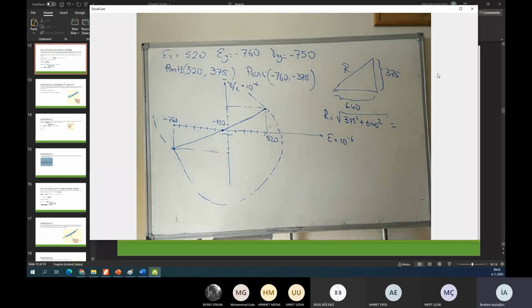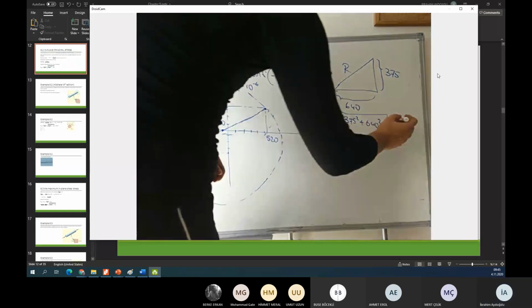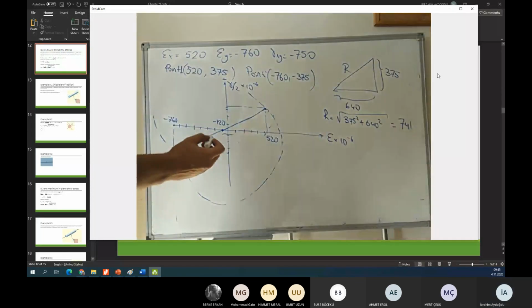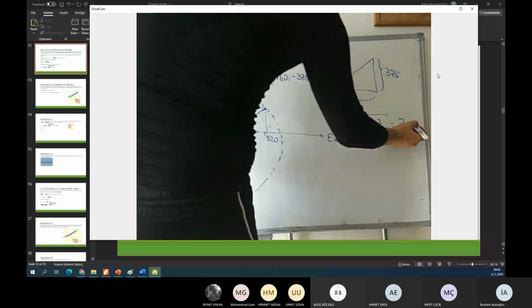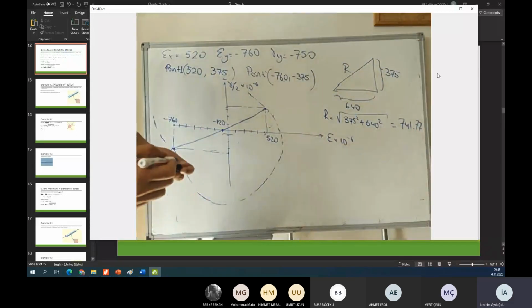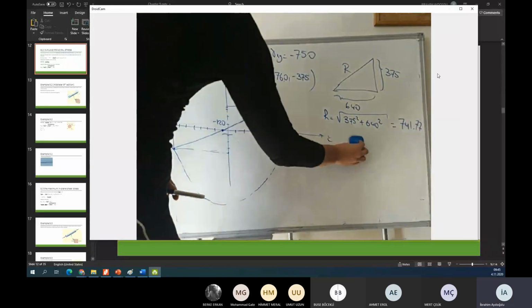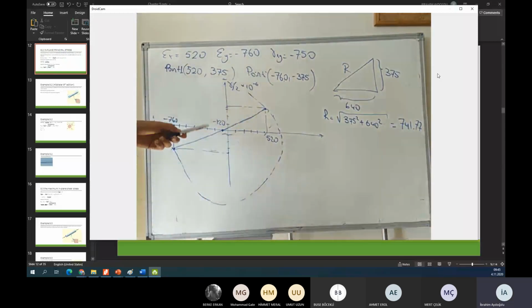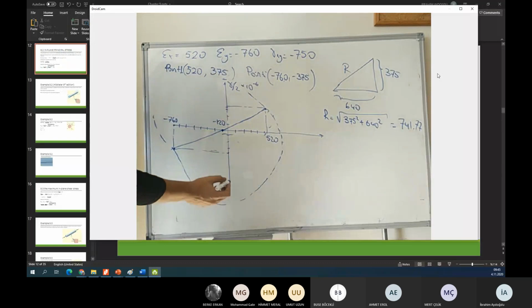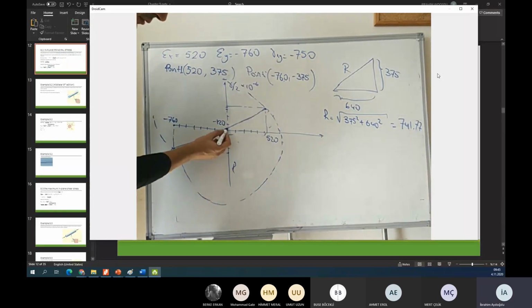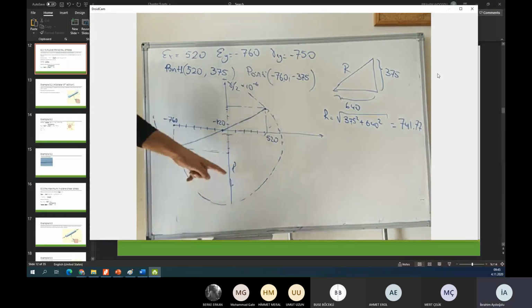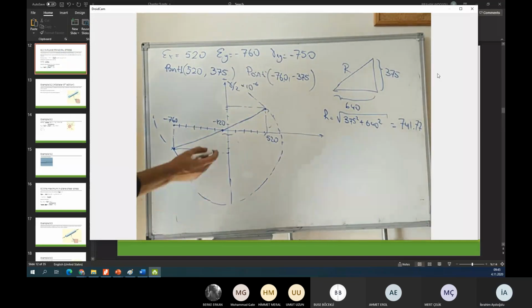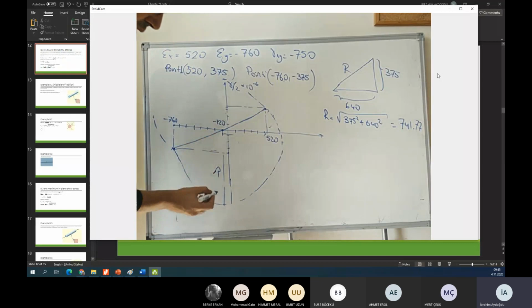This value is equal to 741.77. Okay, you can see R is the radius of the Mohr circle.